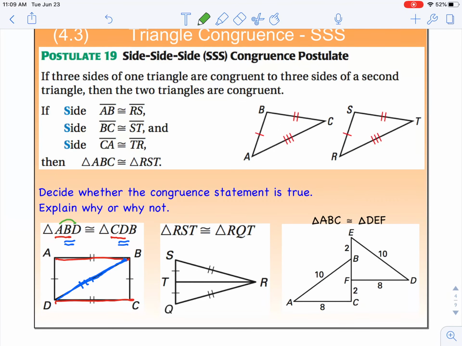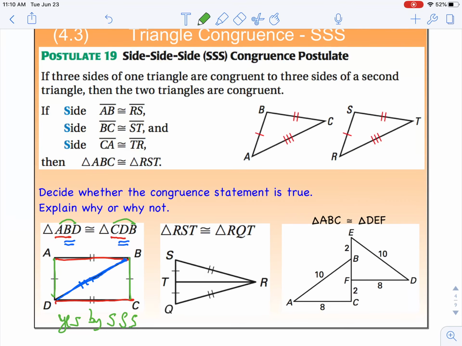And then the last one we'd have to show is AD and CB. AD is marked with 1 tick mark and CB is also marked with 1 tick mark. So yes, we can prove by side, side, side because all 3 corresponding sides are congruent.